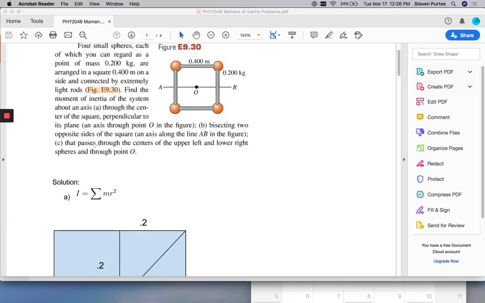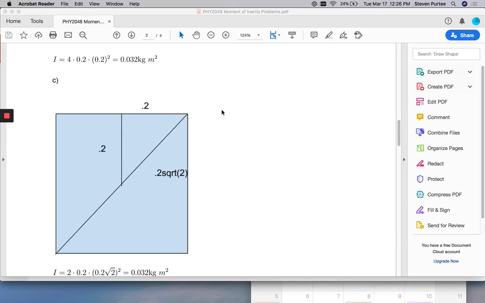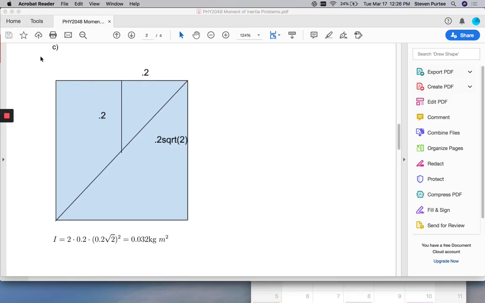And then part C, we're going to draw an axis through, say, these 2 points here and rotate everything around. So my axis will come through like this. Or I drew it this way. Here's the axis. So these 2 points, here and here, lie on the axis. Their distance is 0.